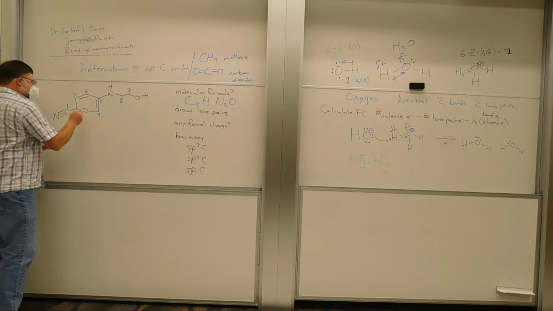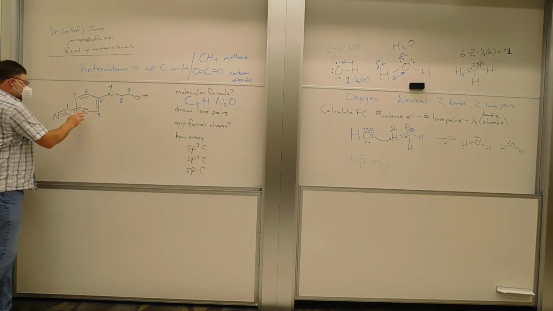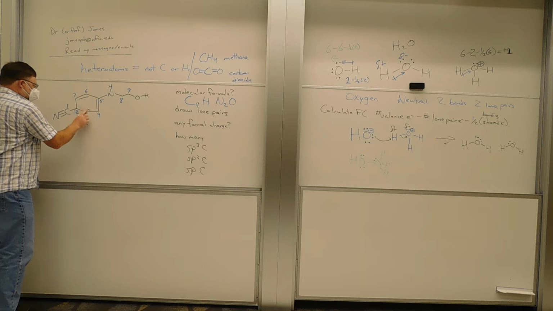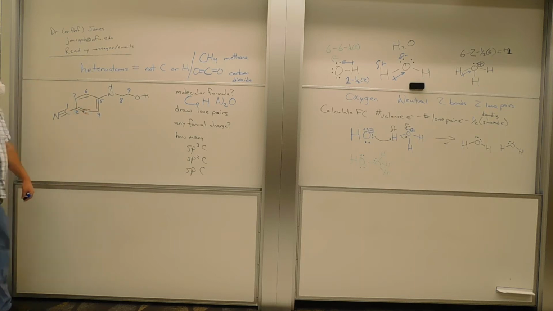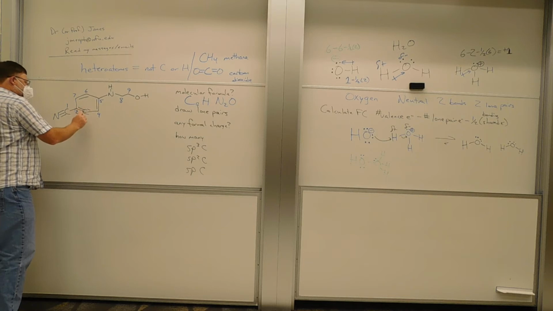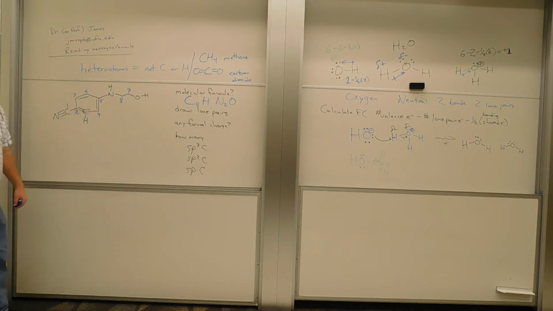So let's say I, for whatever reason, wrote a C there. If I draw that C, I have to write the H. Like that is incomplete. If you write the C, you've got to fill out the hydrogens attached to it.